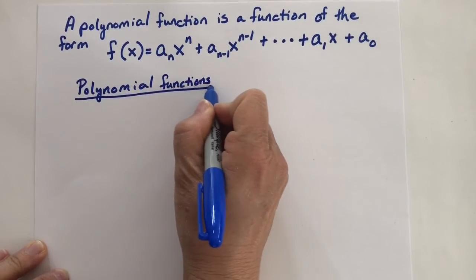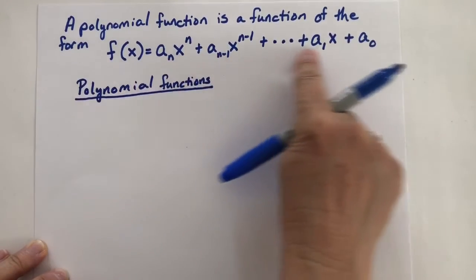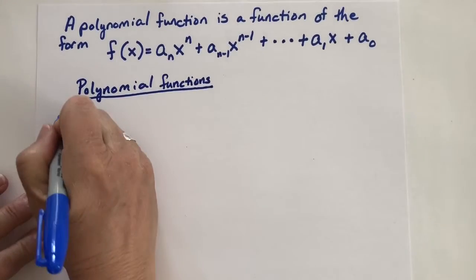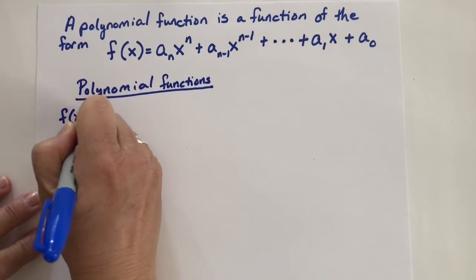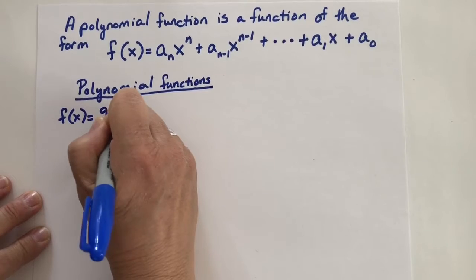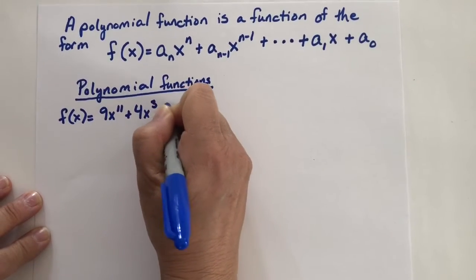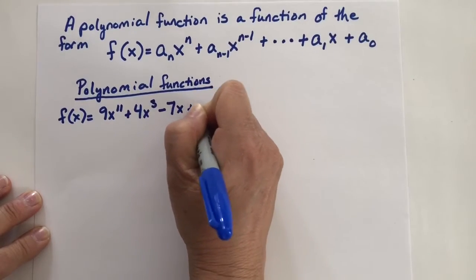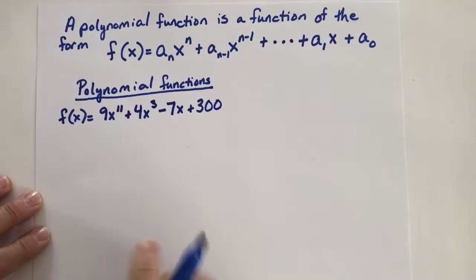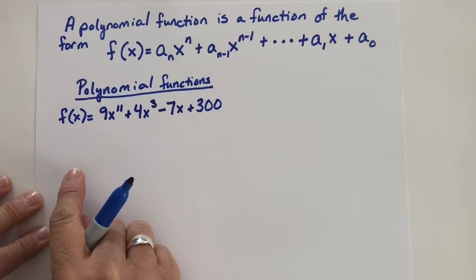So a polynomial function is a function that could be written in this form. For example, f of x equals 9x to the 11th plus 4x cubed minus 7x plus 300. That's a polynomial function.